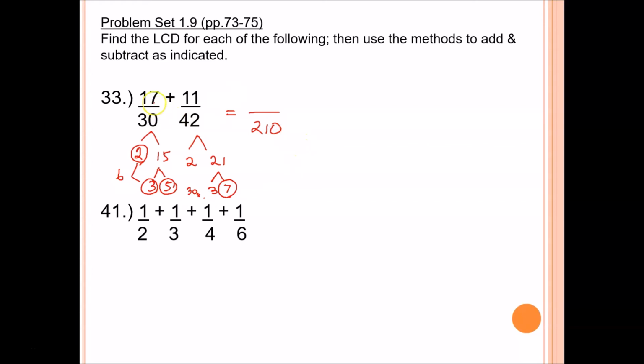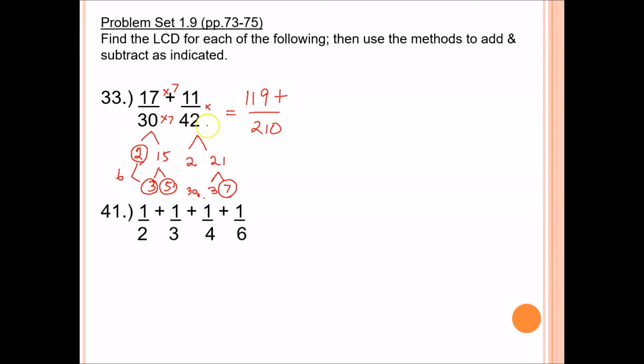Now let's proceed with the top, 17. What are we supposed to do to 30 to get 210? We have to multiply this by 7, so the same thing we do on top. What is 17 times 7? It's 119. And then we add. What shall we do with 42 to get 210?